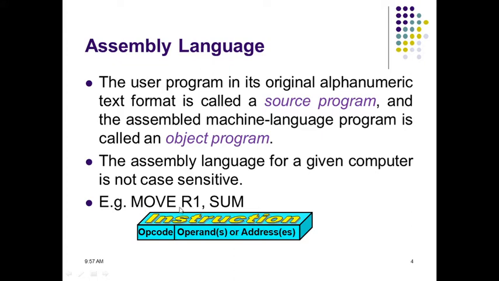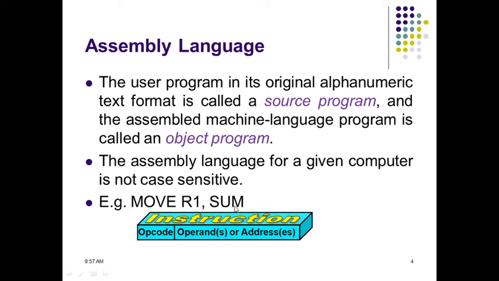So MOVE space R1 comma SUM. MOVE is the opcode here. The opcode represents the operation. R1 is the source operand. SUM is the destination operand, where SUM is some memory location here. This is the format of writing an assembly language instruction.